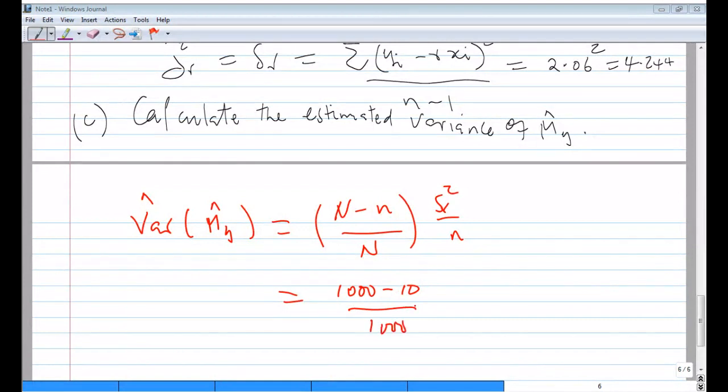Then 1,000, multiplied by that estimated variance, which is what? 4.244. Then divide by sample size 10. The answer is what? To 3 decimal places.